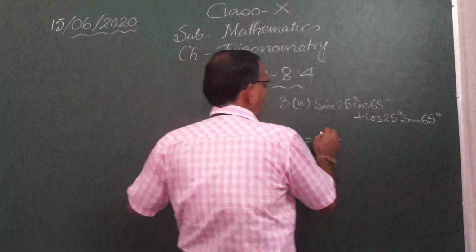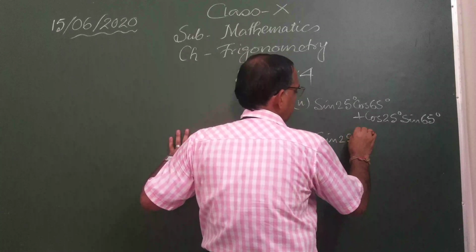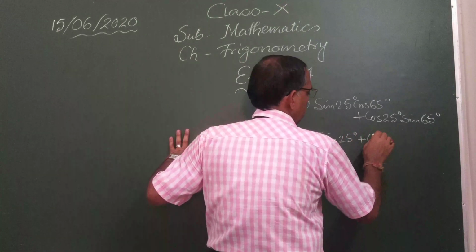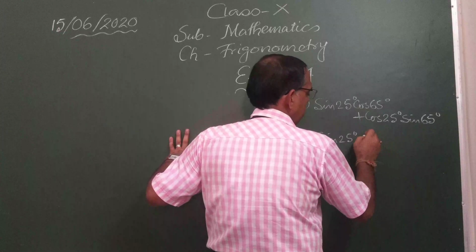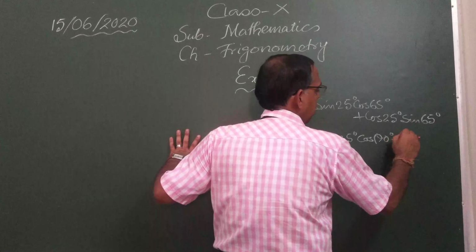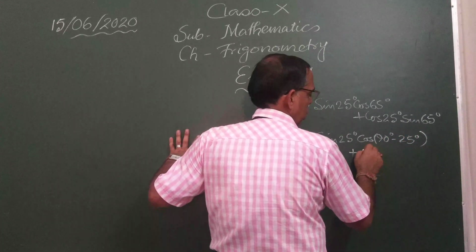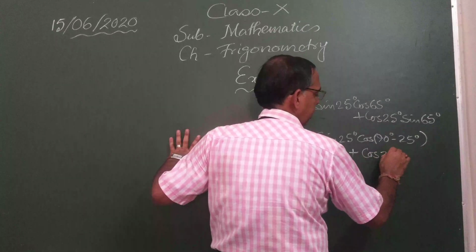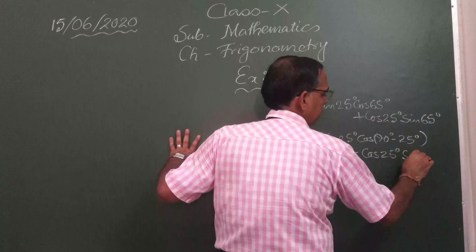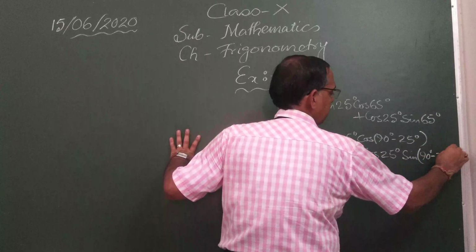So see, I'll do here sin 25 degrees times cos of 90 degrees minus 25 degrees, then cos 25 degrees times sin of 90 degrees minus 25 degrees.